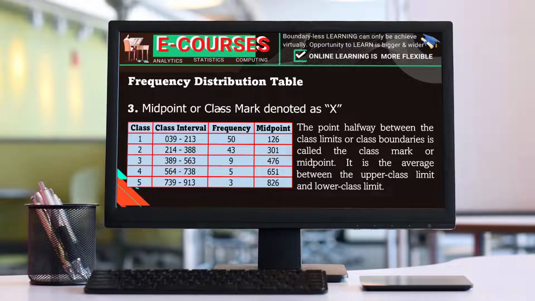Technically, a class midpoint is defined as the point halfway between the class limits or the class boundaries. It is simply the average between the upper class limit and the lower class limit.